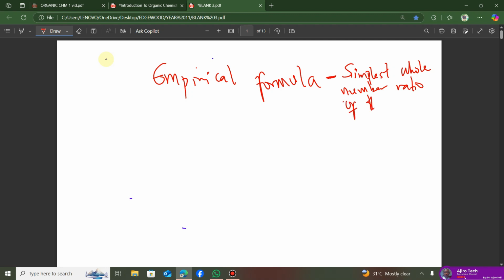So I'm just going to write it briefly, just to save time. So the empirical formula is something you should know. It's a formula that will show you the simplest whole number ratio of the atoms in the molecule of the compound.